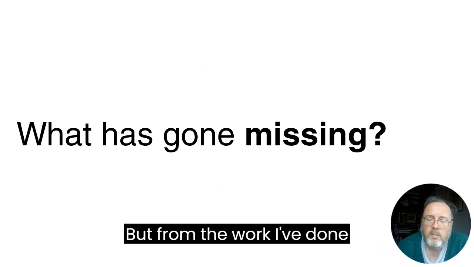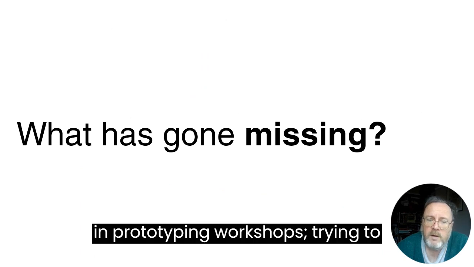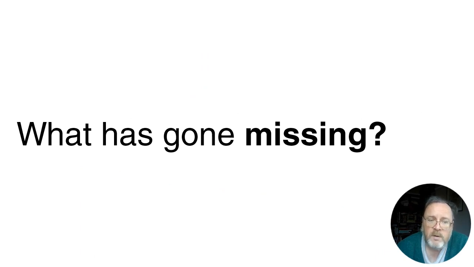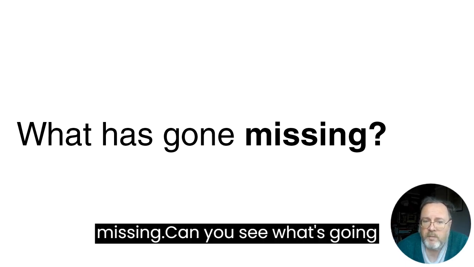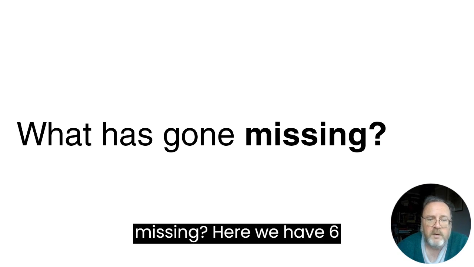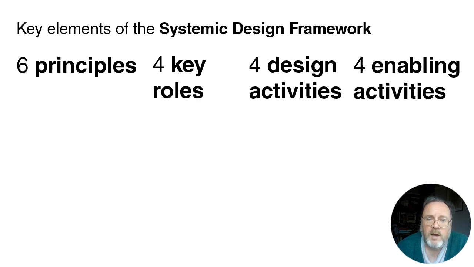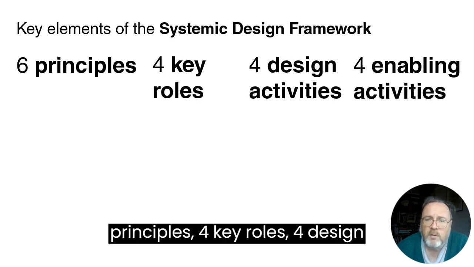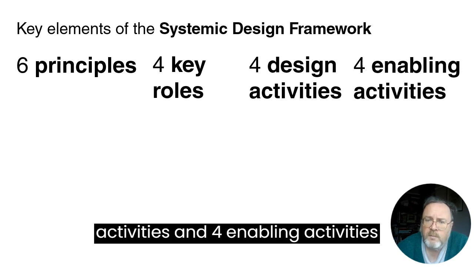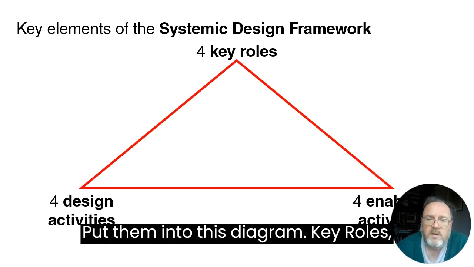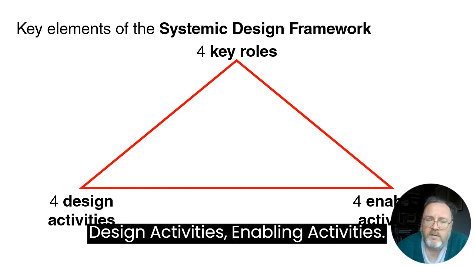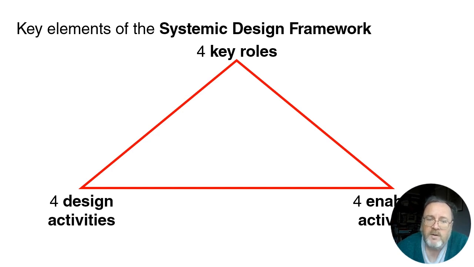But from the work I've done in prototyping workshops, trying to deliver this material, something goes missing. Can you see what's gone missing? Here we have 6 principles, 4 key roles, 4 design activities, 4 enabling activities. Put it into this diagram: key roles, design activities, enabling activities.